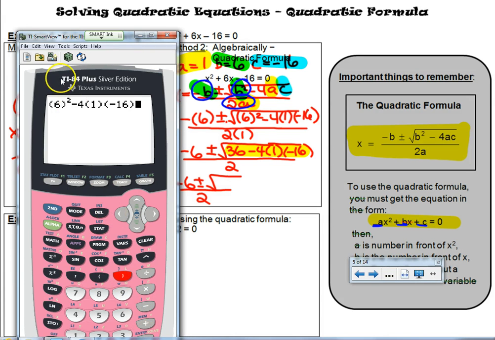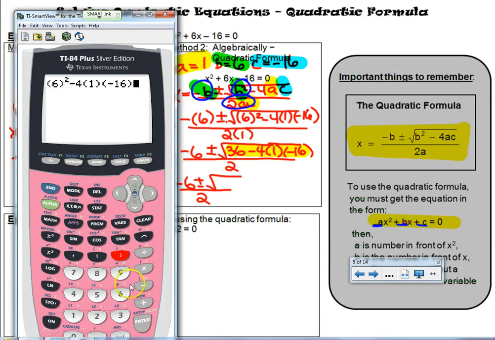Please do not put the radical over this value. If it's not a perfect square number, you don't want to have a decimal. So if it's not a perfect square, then you cannot put the radical over it, because you do not want to have the decimal. So first off, just put in what's underneath. So it's 100.